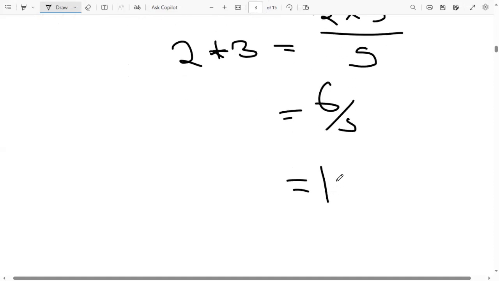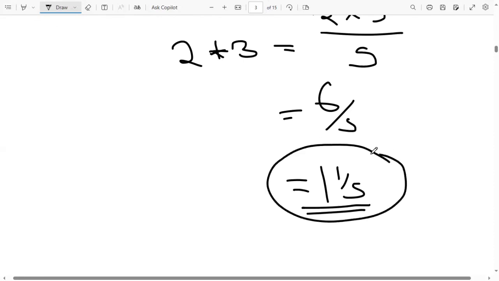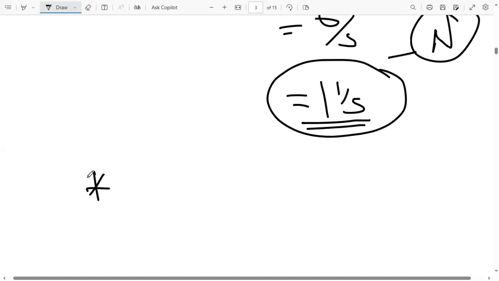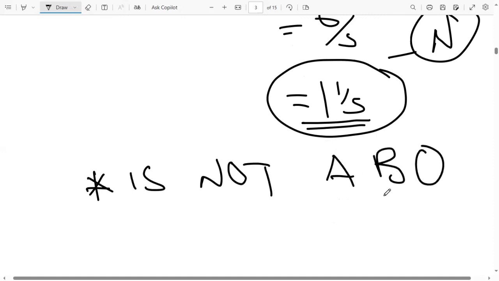So you ask yourself now, is this answer that I'm getting a part of the natural numbers? We see that it's not, because we can't find any counting number that is a fraction. So the star there is not a binary operation.